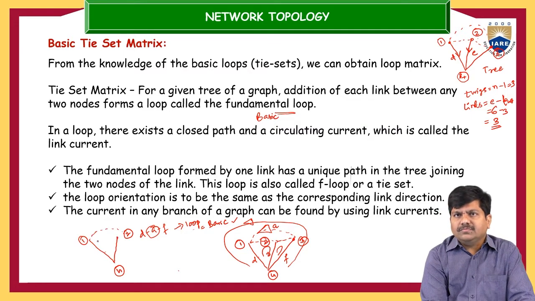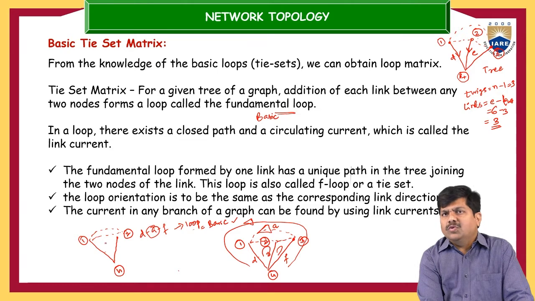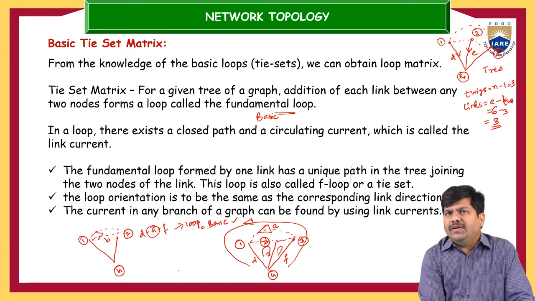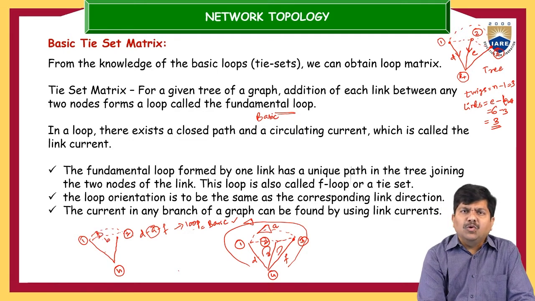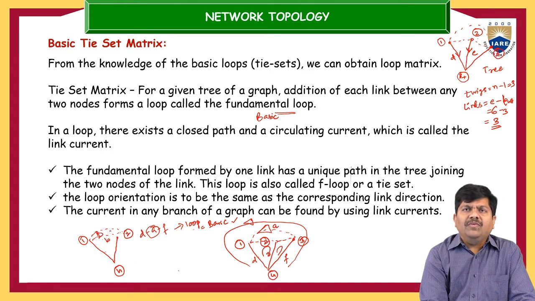That link is, say, element B. So if you take element number B like this, this is also a loop. That loop has been developed between node 1, node 2 and node 4 with the help of element number B, element number D and element number E. So this is E, this is D and this is B. These three sides or three branches, B, D, E, develop one loop.